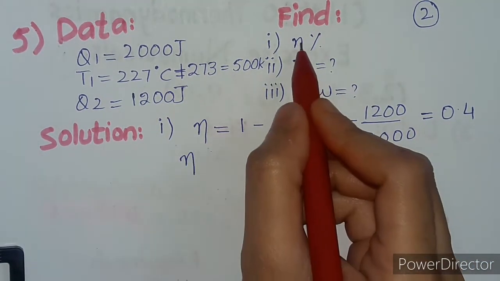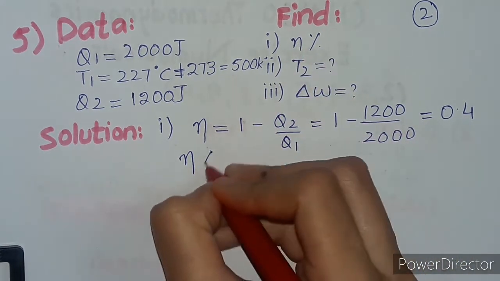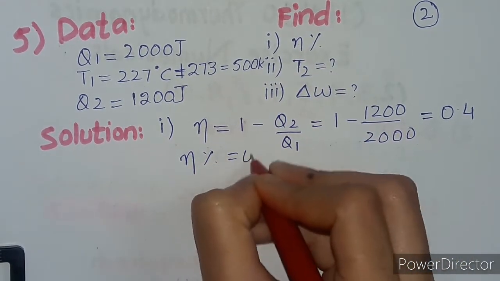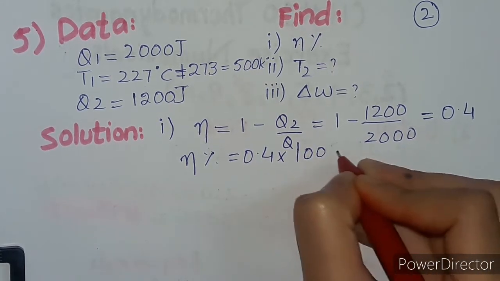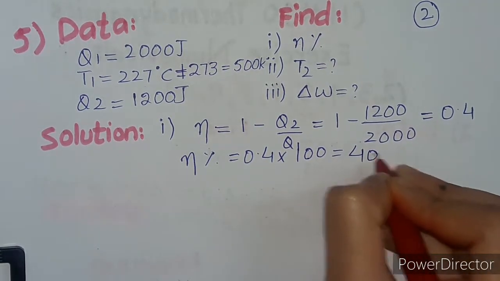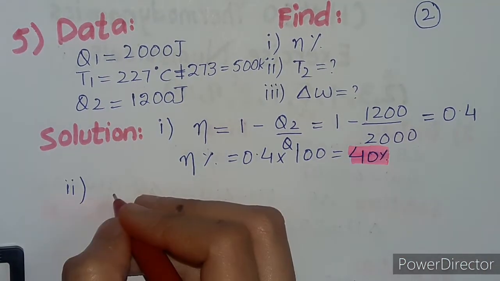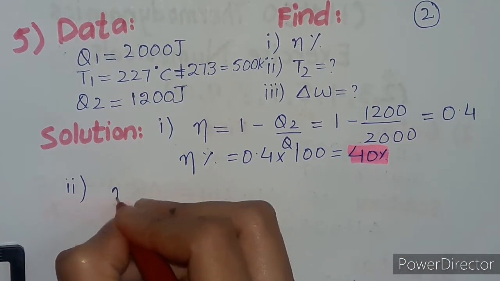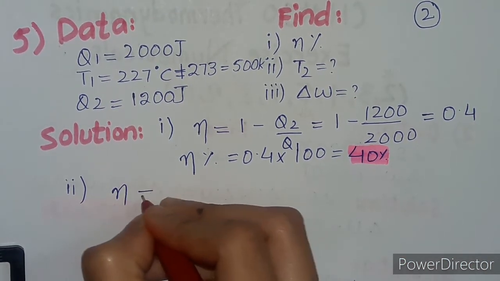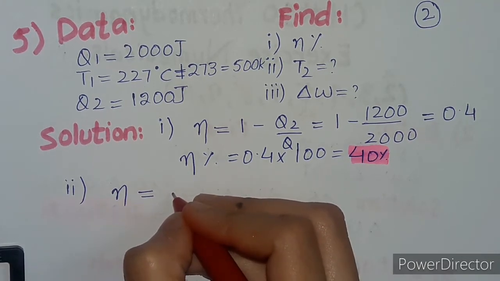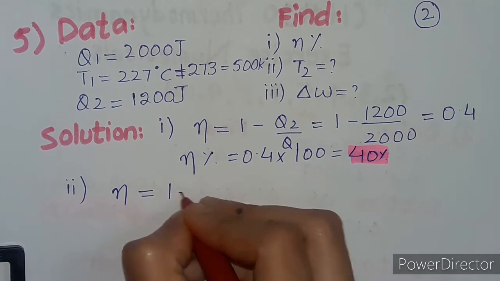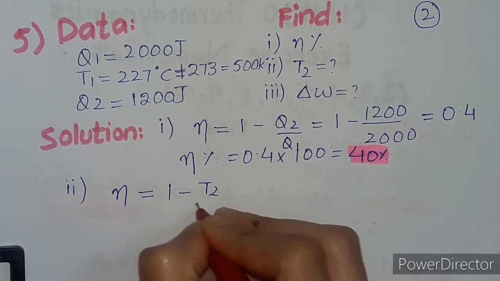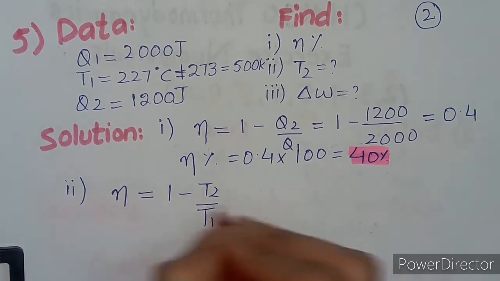Now for efficiency percentage, we multiply by 100. 0.4 multiplied by 100, so we get 40% efficiency. Formula: eta is equal to 1 minus T2 divided by T1, because we have all the values.